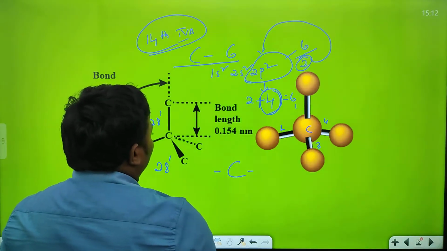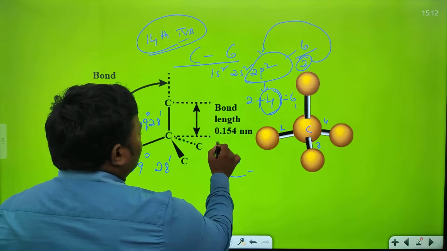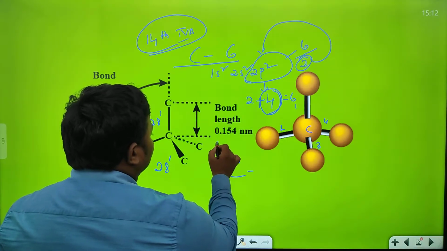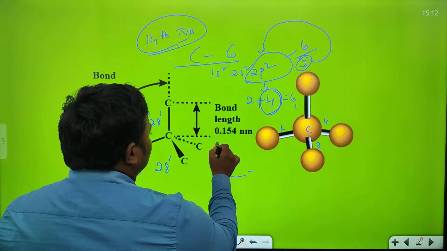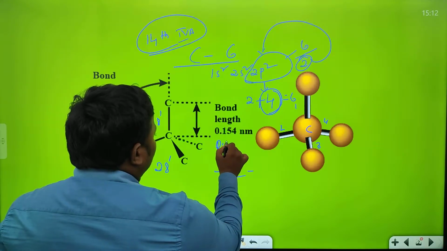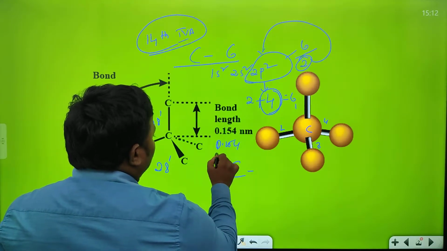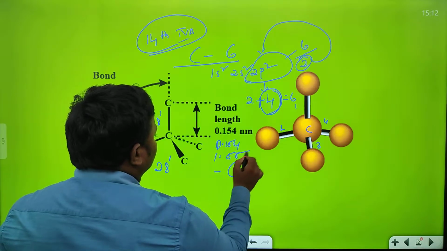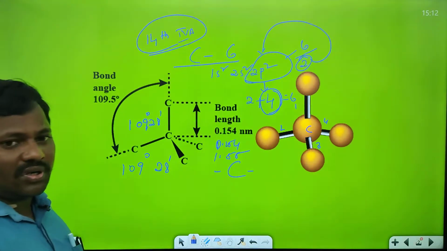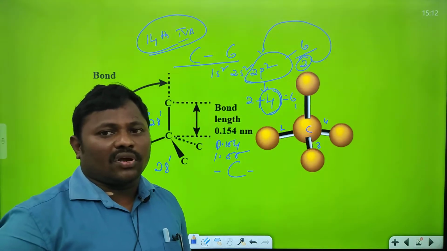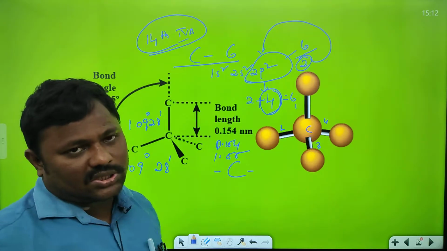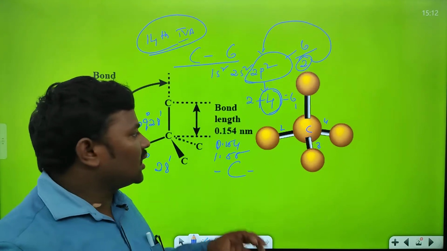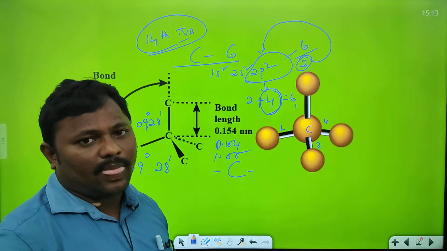It is in nanometers, 0.154 or 1.55 nanometers. So the bond length will be expanding into the carbons.